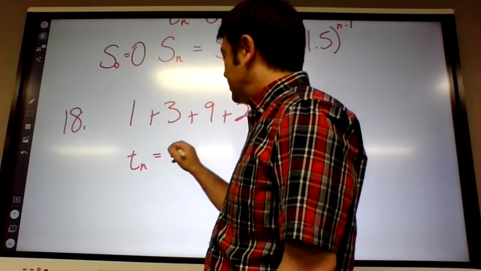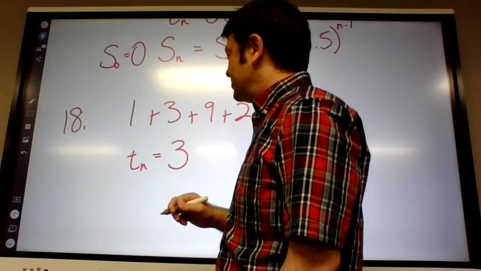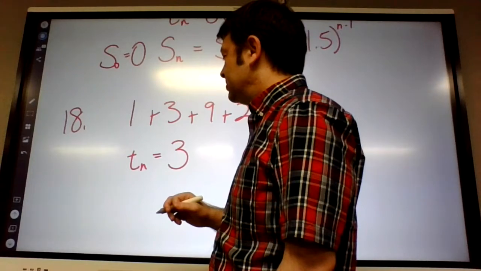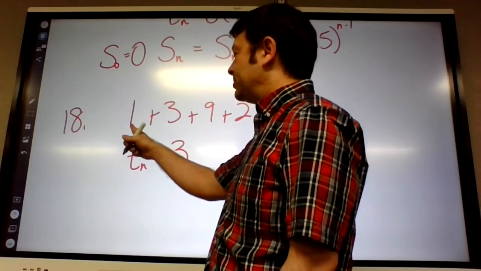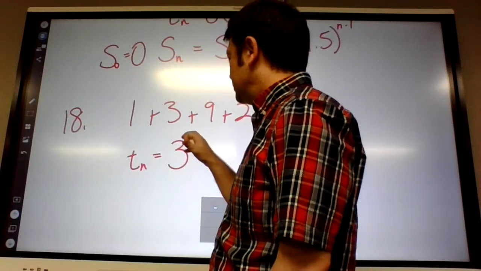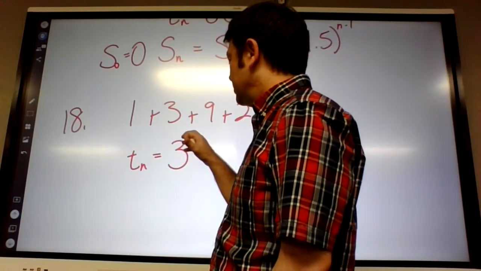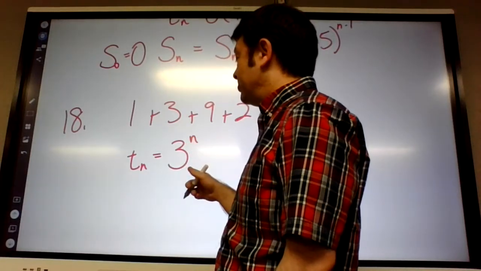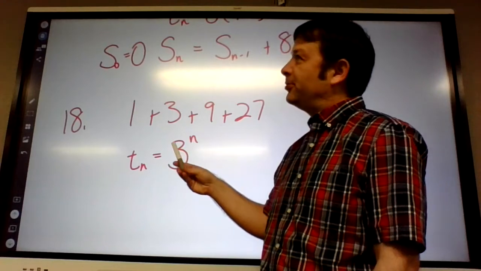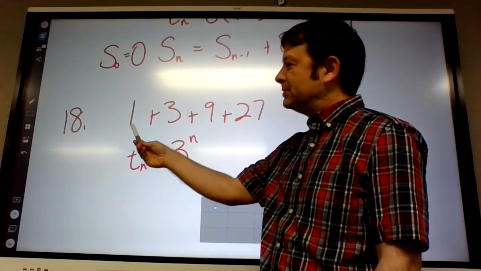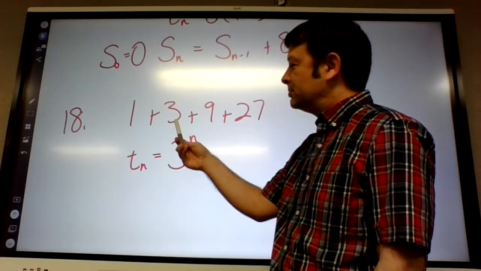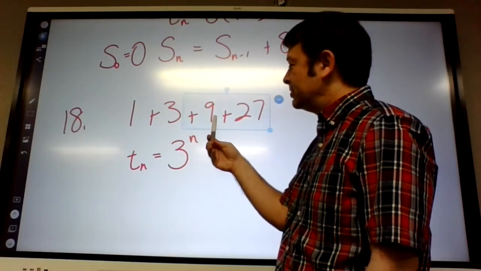All right, so we want the first term to be a 1. So how do I get a 1 out of this? Do you put it as an exponent? Well, I need my exponent to be a what? 3 to the what equals 1? 0. 3 to the what equals 3? 1. 3 to the what equals 9? 2.